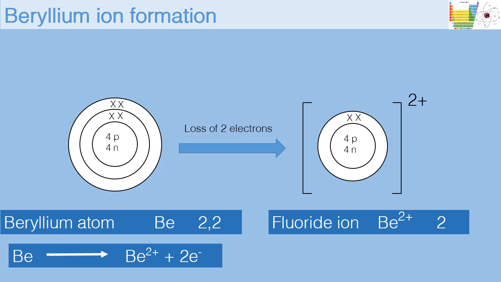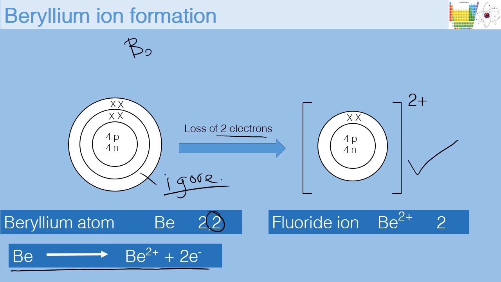For a beryllium ion, the procedure is the same. It has 2 electrons in the outermost energy shell. It is easier for it to lose 2 electrons than to gain 6. Therefore, beryllium will lose 2 electrons. In effect, we will also ignore drawing the outermost shell and end up with the beryllium ion. The equation is represented as follows.